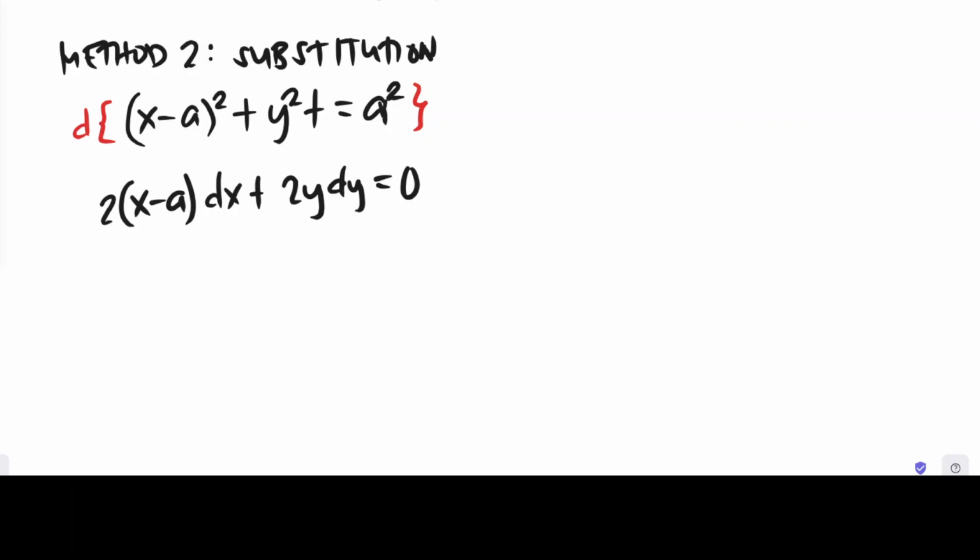So if you have one arbitrary constant, the highest number of derivatives that you should perform is also 1. If you have two arbitrary constants, it should be up to the second derivative. If it is 3 arbitrary constants, then you should derive up to the third derivative.